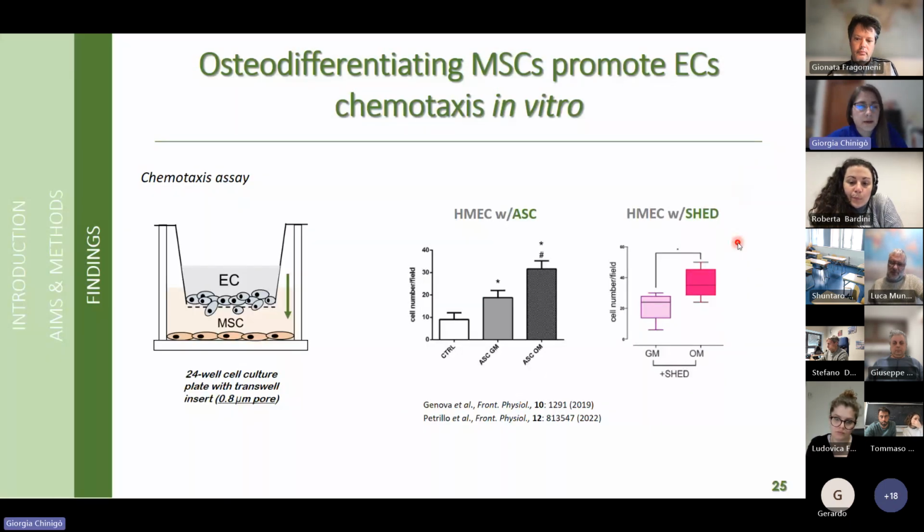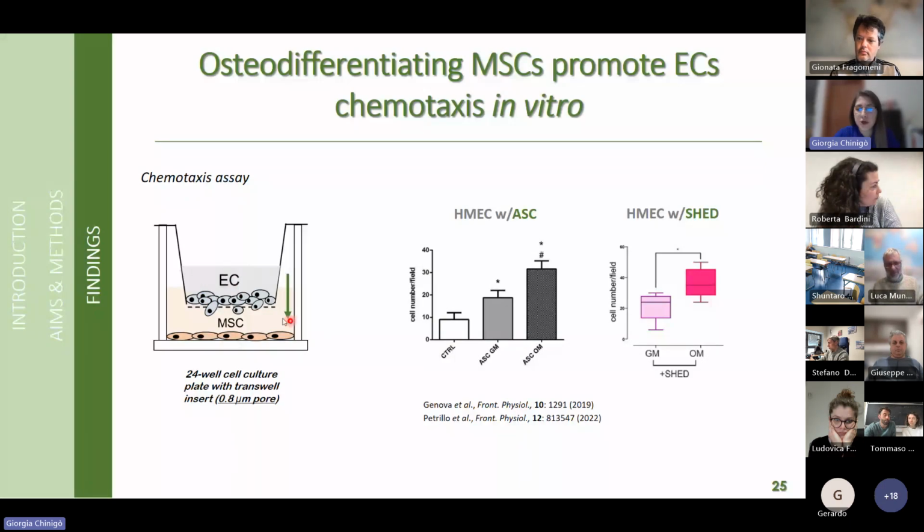This is another migration assay, called the chemotaxis assay. Basically, again, we use a transwell insert, but in this case, the diameter of the pore is larger. The pore has a diameter of about 0.8 micrometer. Why? Because in this case, the passage of the cells from the upper chamber to the lower chamber is allowed.